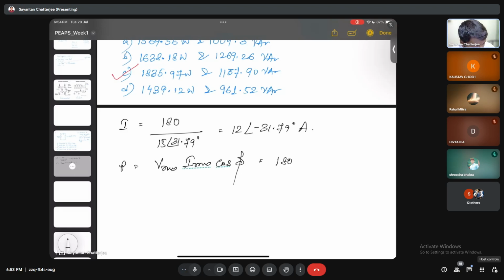So 180 and 12 and cos phi. Just calculate cos phi: cos of 31.79 is 0.8499.